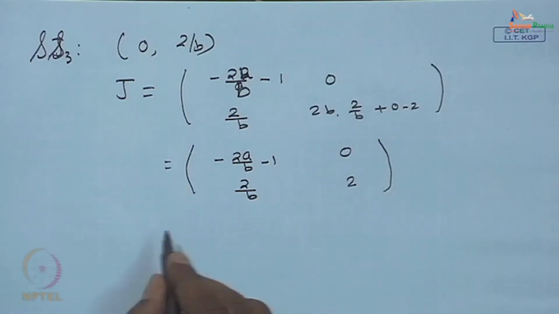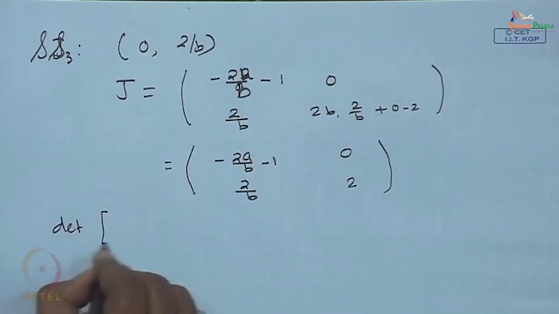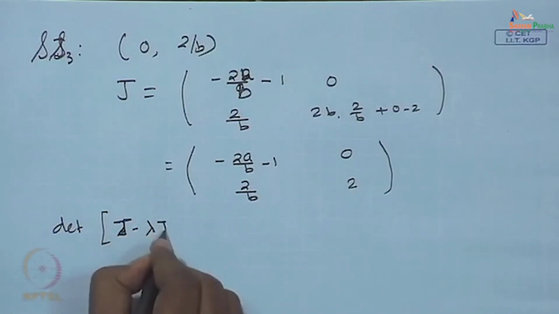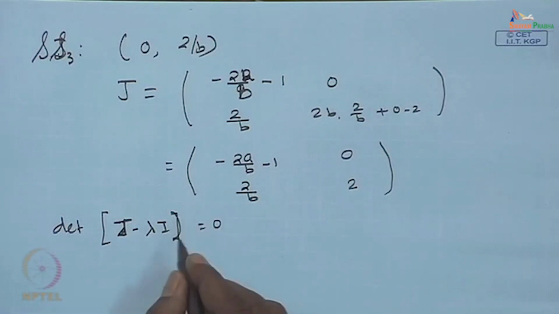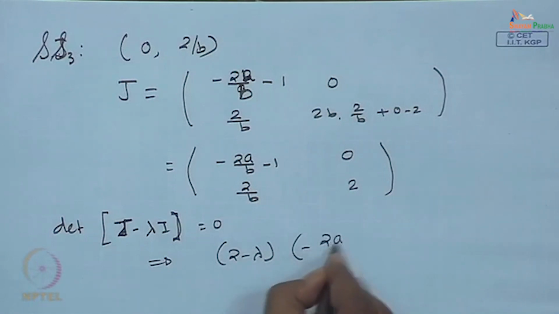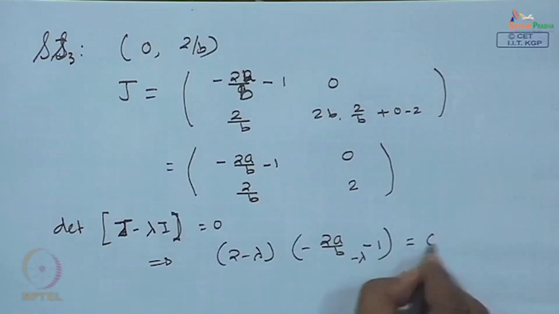So, we will be getting the determinant of J minus lambda I should be equal to 0. If you do that, what we will be getting is that 2 minus lambda into minus 2a by b minus 1 minus lambda is equal to 0.